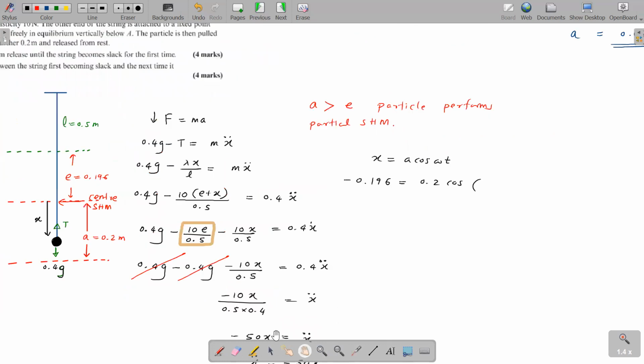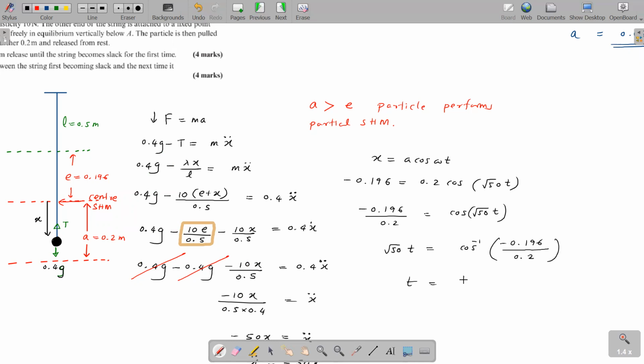Omega square is 50, so omega is root 50. Cos root 50t equals minus 0.196 divided by 0.2. So root 50t equals cos inverse of minus 0.196 divided by 0.2.